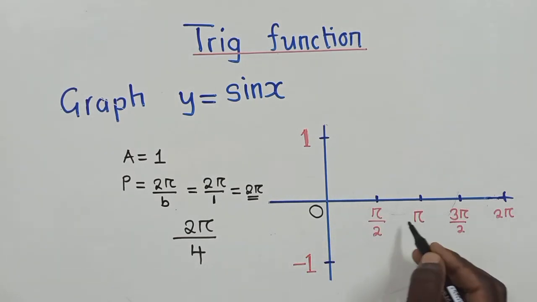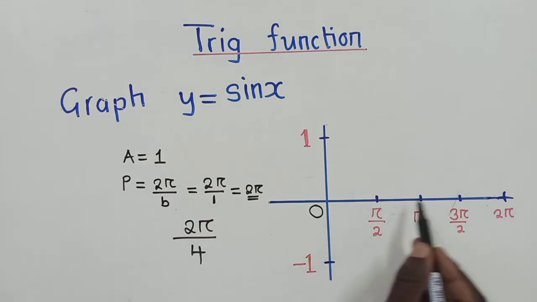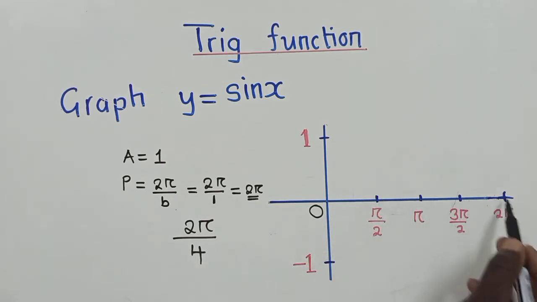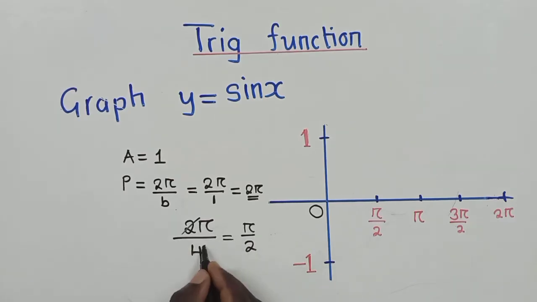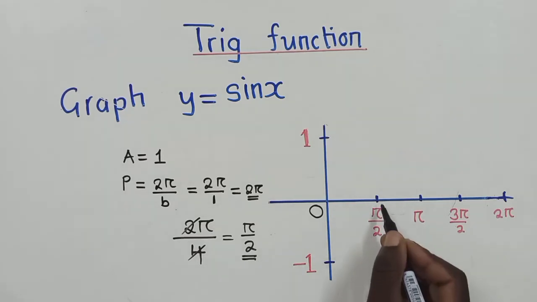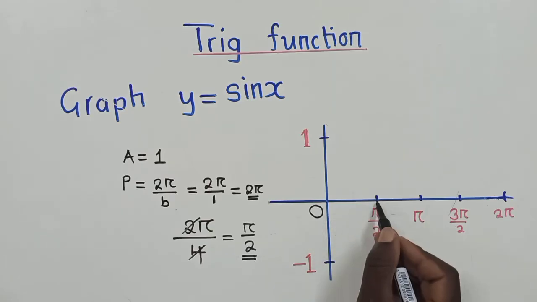Now, on how to find these numbers to put here, you get the period divided by 4 because there are 4 numbers here. 1, 2, 3, 4. And when you divide, you get pi over 2 because 2 into 4, it's 2. Pi over 2. And when you get this pi over 2, start adding. From 0, it's pi over 2.